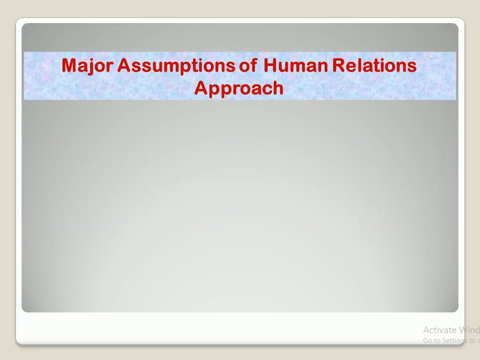Now, there are some major assumptions of the human relations approach as well. The first assumption is employees' motivation. Employees are motivated by social and psychological needs and by economic incentives as well.